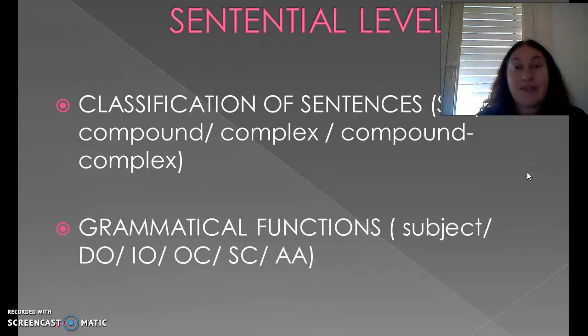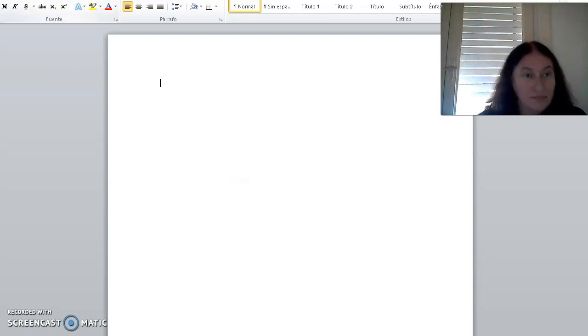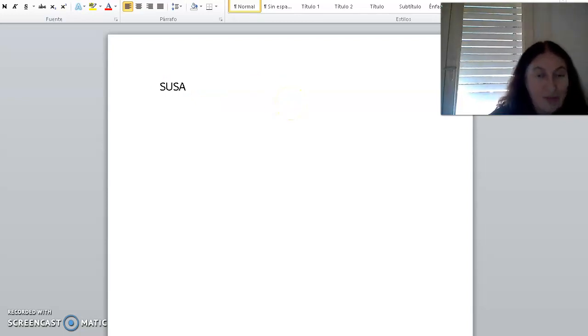Then she talks about the sentential level. That is grammar that we can only see if we take a look at the whole sentence. Let me show you what we mean by grammar operating at the sentential level. Imagine I asked you, see if you can answer my question.